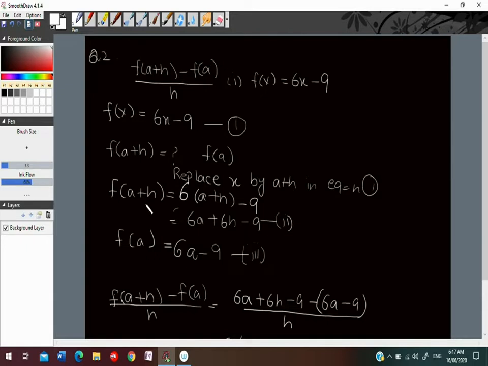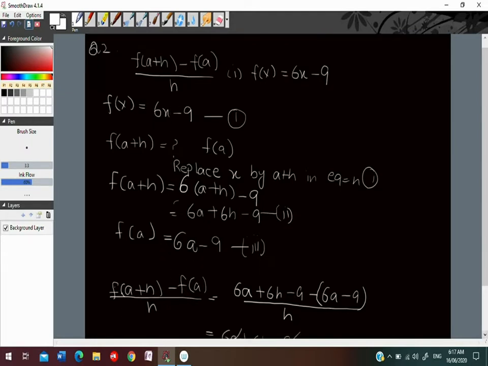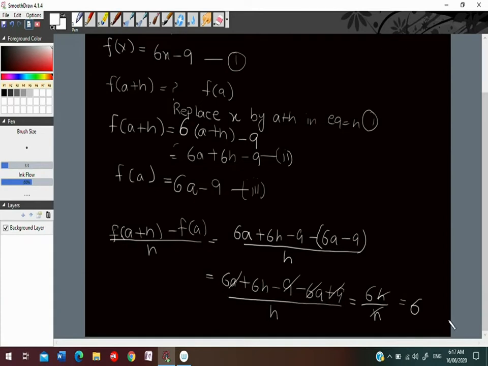So we have these two different equations. This is the value for f of a plus h, and this equation shows the value for f of a. When we put both values in this question, f of a plus h minus f of a divided by h, we simply get this answer, 6.